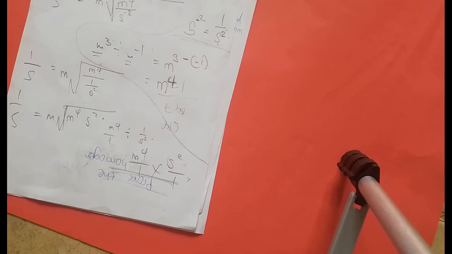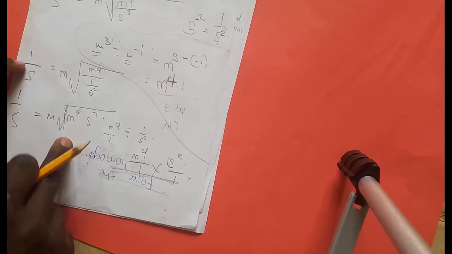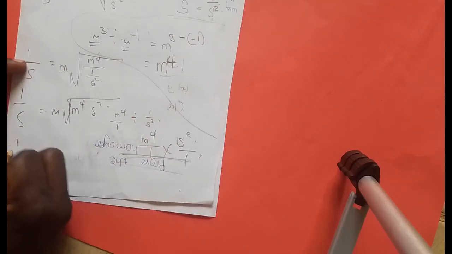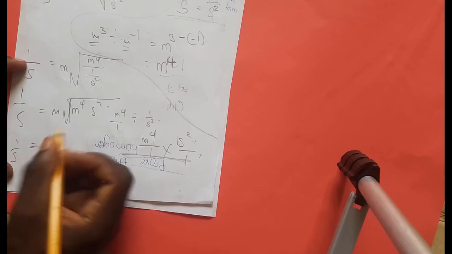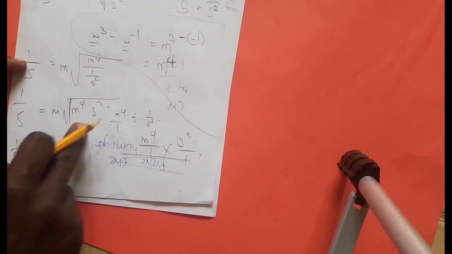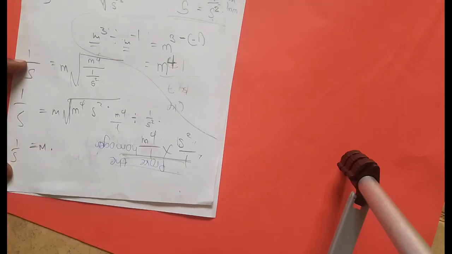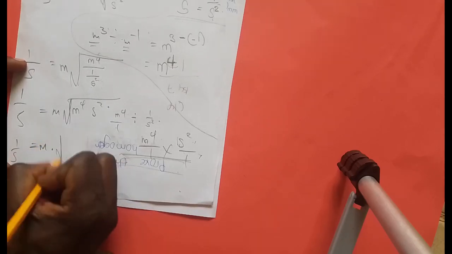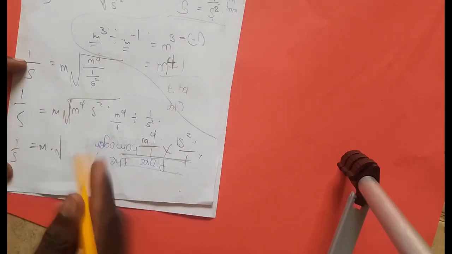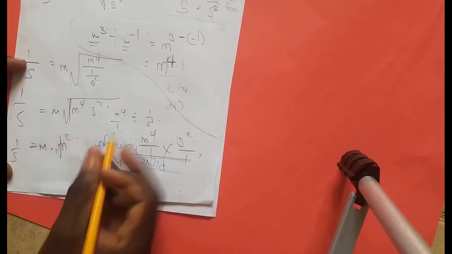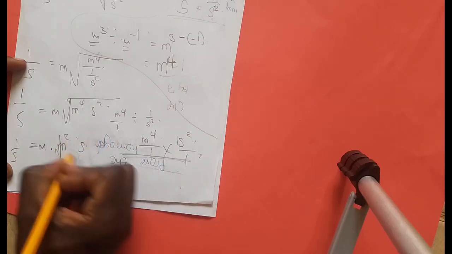Are we here? Everyone is here. So what is the root of m to the power 4? The m that is outside the root sign will remain the same. The root of m to the power 4 is m to the power 2, and the root of s squared is s.